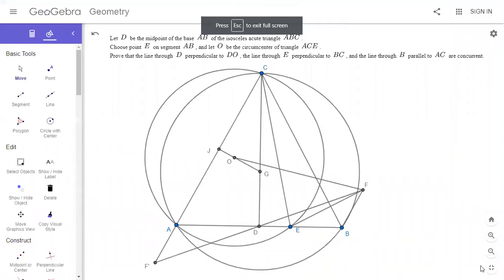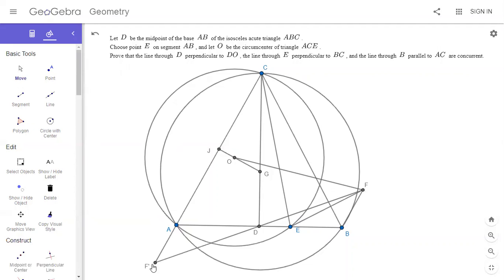Yes, this one. So what we did was, this is Timo's idea. Let F be the intersection of the lines through E and B in the problem. Then we want to show that OD is perpendicular to DF, right? And then Timo said, reflect F across D to point F prime.